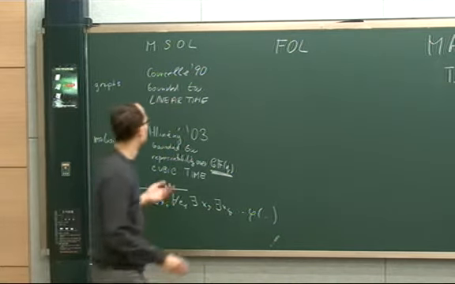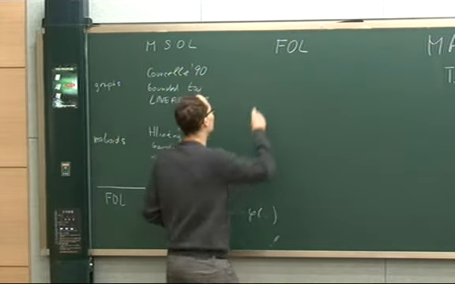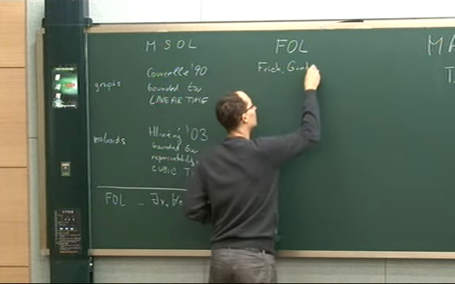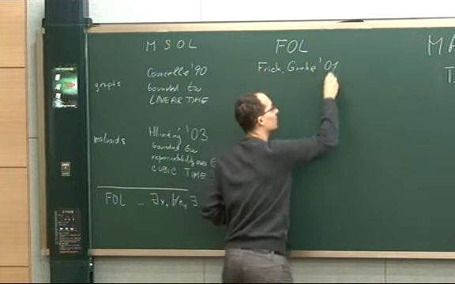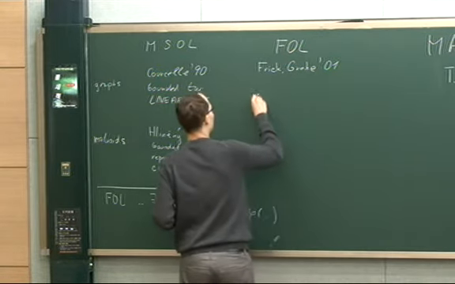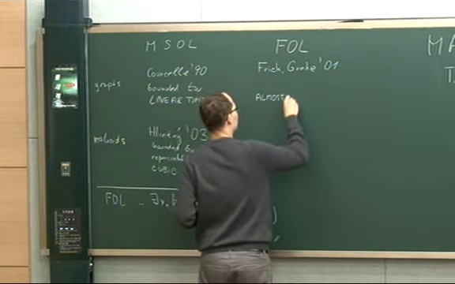And there are plenty of theorems. I will just put maybe the first one, which I believe was kind of the more general one, and this was Frick and Grohe, and they proved almost linear time.